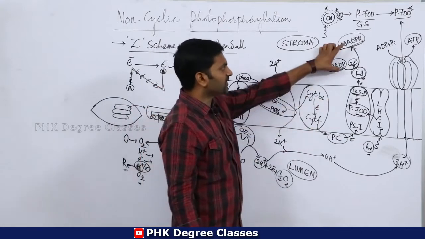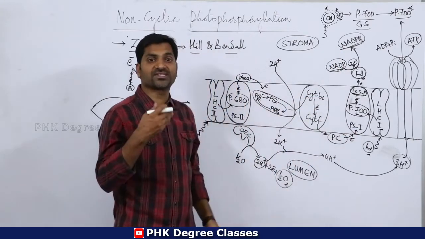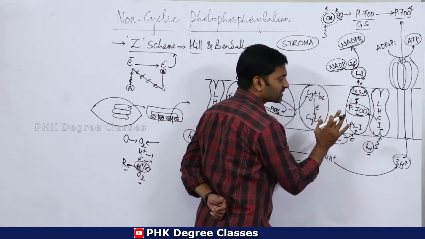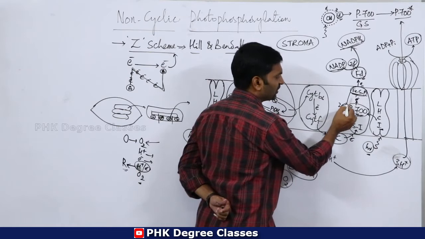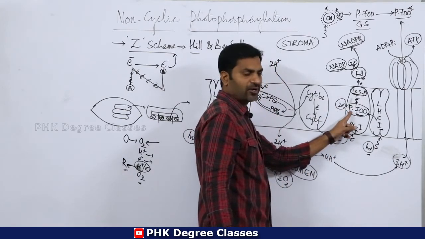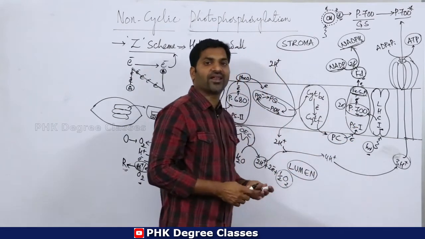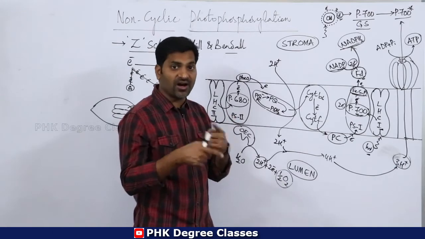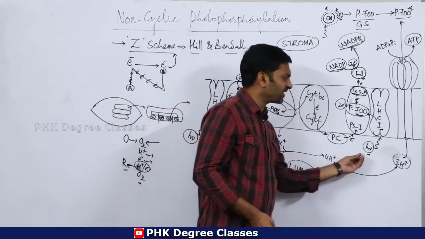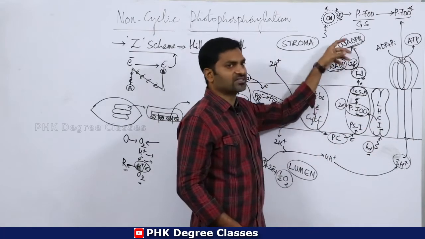So this is about complex 1, that is photosystem 1. Now this photosystem 1 lost two electrons, right? So two electrons are lost from this particular chlorophyll A molecule of photosystem 1. Means there is a deficiency of electrons in photosystem 1 because it lost two electrons. Every time it receives light energy, there is a loss of electrons.